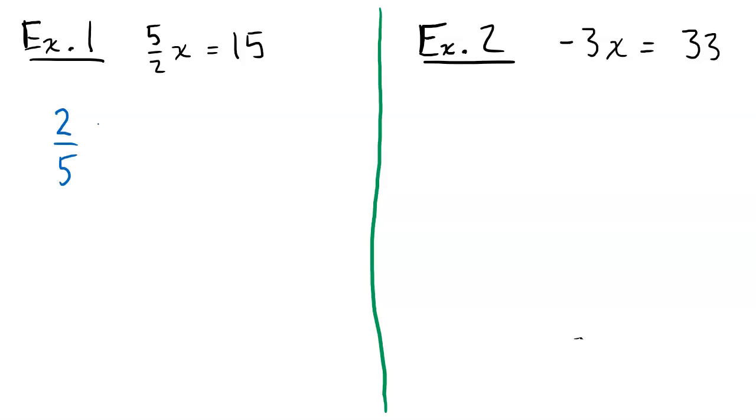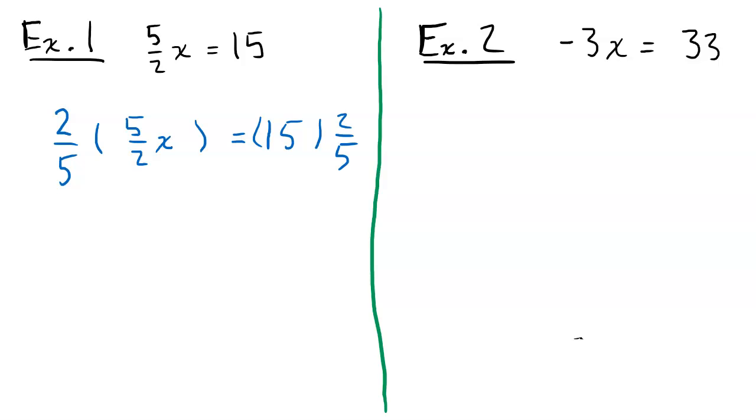If we multiply both sides by 2 over 5, that's 5 over 2 x equals 15 times 2 over 5.